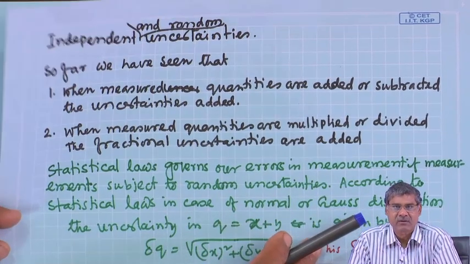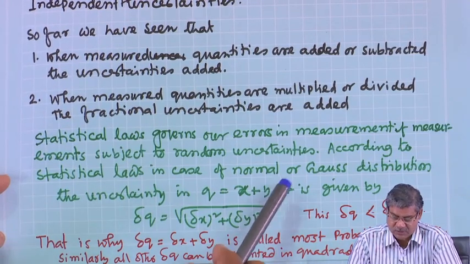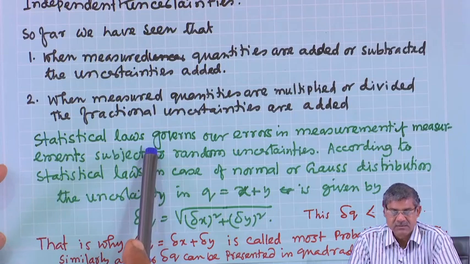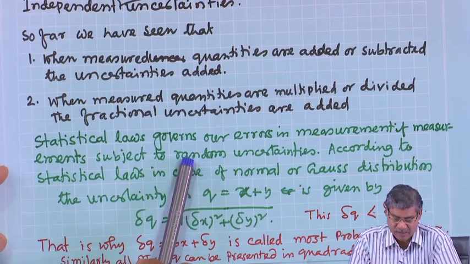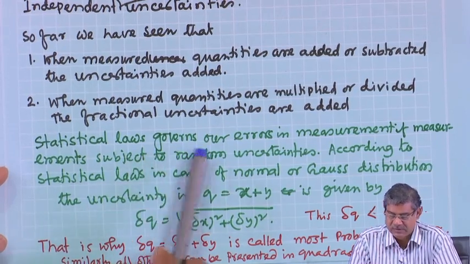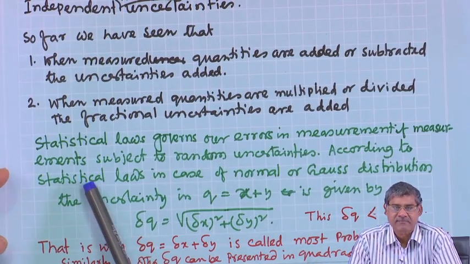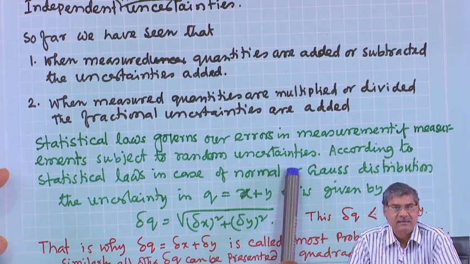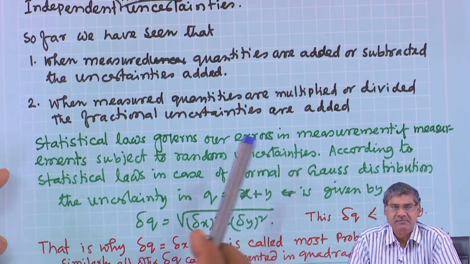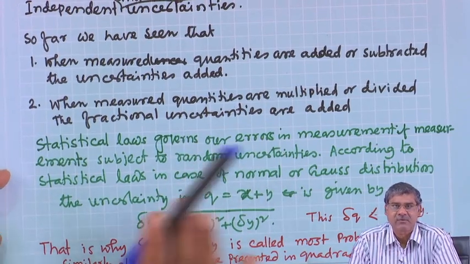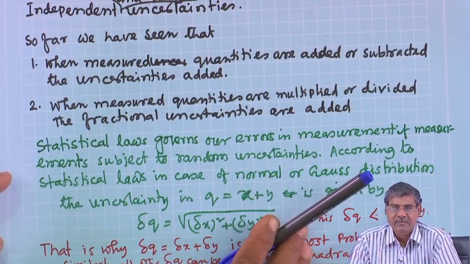I will just mention it, I will not go into that much depth. Basically, random error is mostly statistical in nature, and statistical laws govern our errors in measurement if measurements are subject to random uncertainties. Okay. So, in case of random uncertainties, statistical laws govern the errors in measurements.